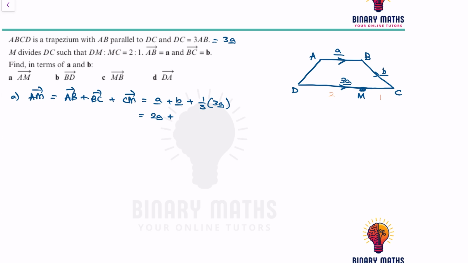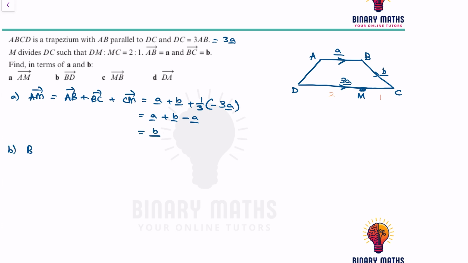I made a mistake here, didn't I? Okay, because it's going the opposite direction, so it's going to be minus. So plus a third times minus 3A, because it's going in the opposite direction. So let's rewrite it. The first two terms are okay. C to M is a third of minus 3A. So I end up getting A plus B minus A, which is just equal to B.